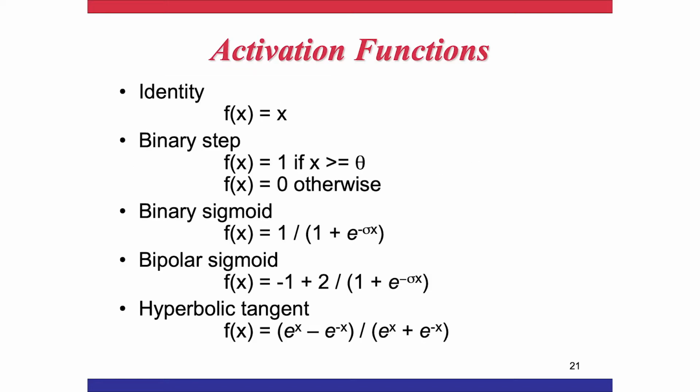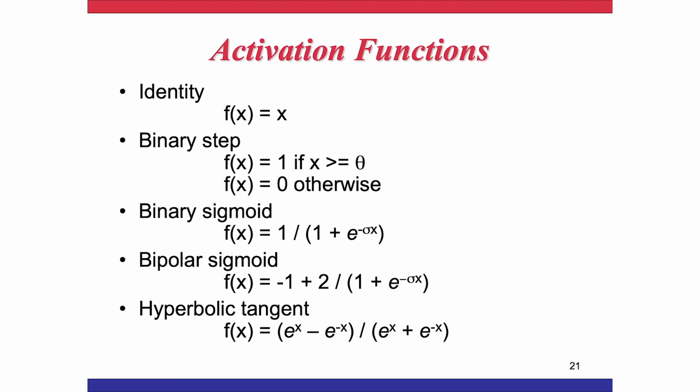Now the activation functions which we have seen, what we do in a node, can have varied types. They are just listed in this presentation. We can have a very simple one like identity, which maps the same value to its output. We can have a binary step, which we have already seen in one of the examples.